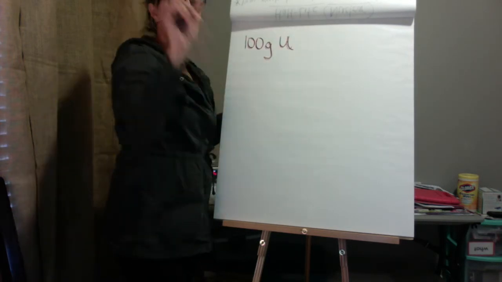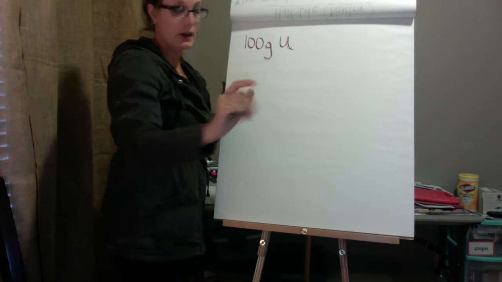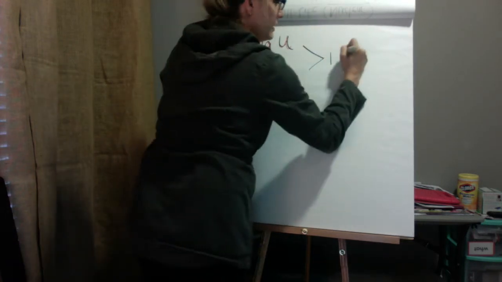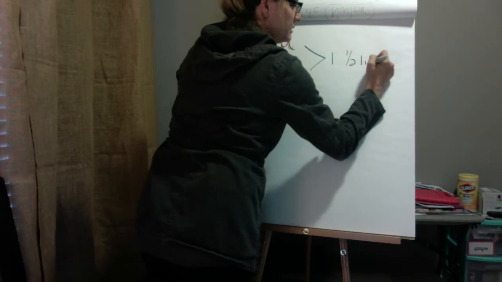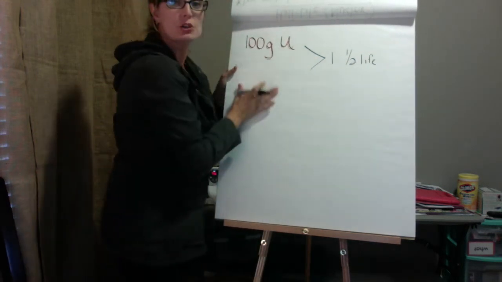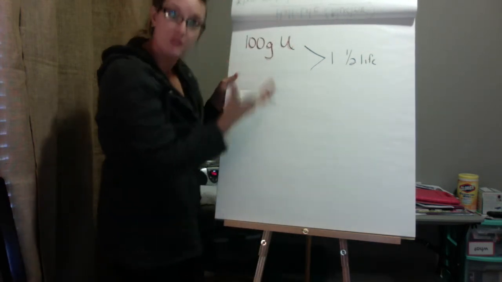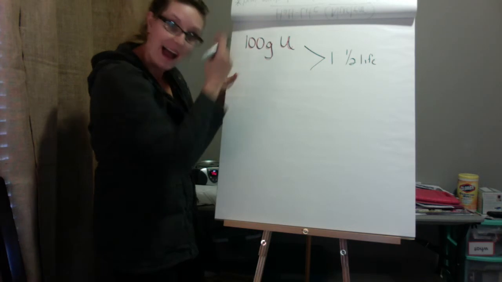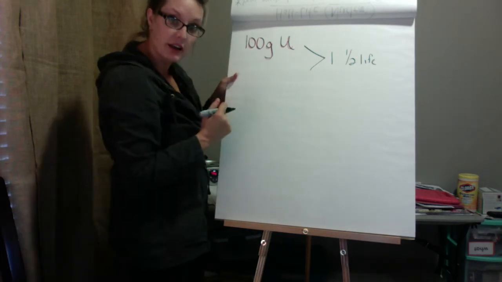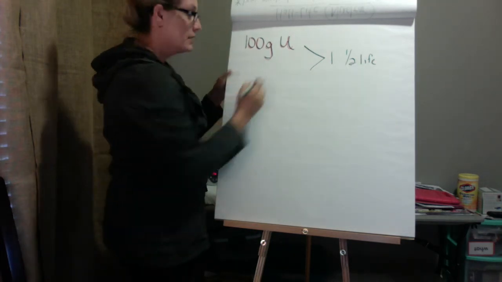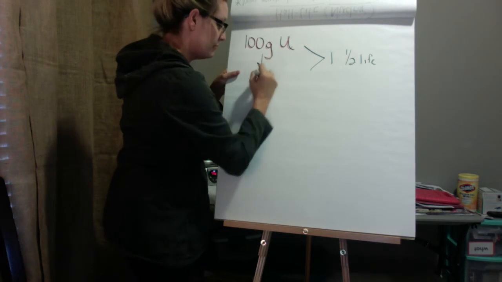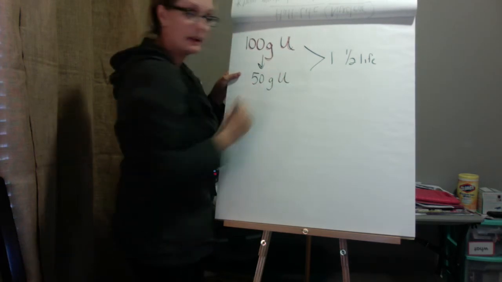After one half-life, how much uranium would be left? 50 grams. That's the whole point. Half of it is gone after one half-life. So after one half-life, I'll be left with 50 grams of uranium.